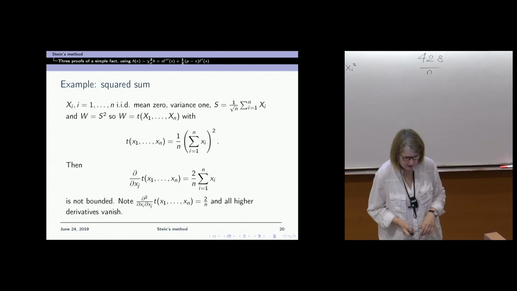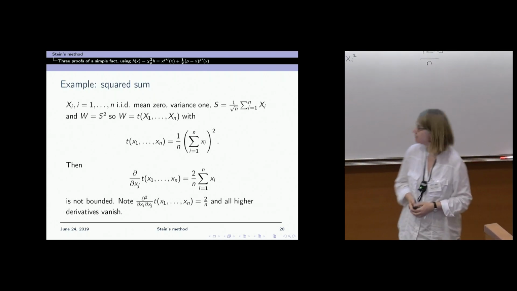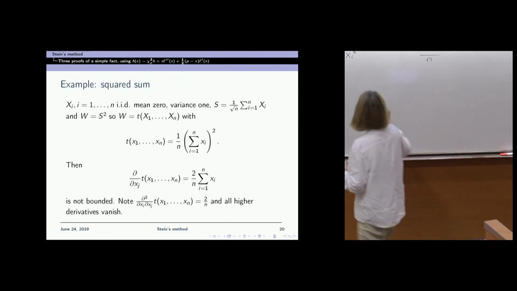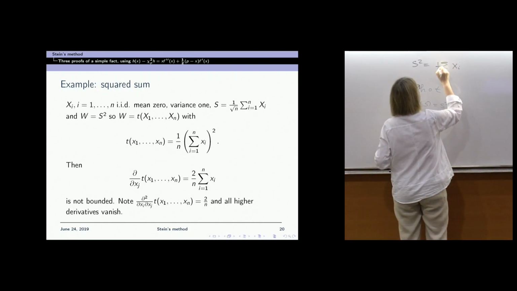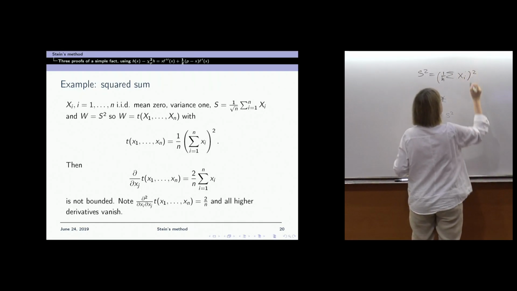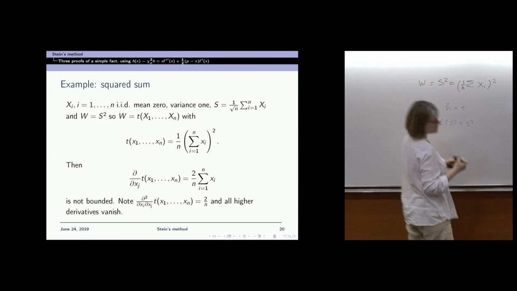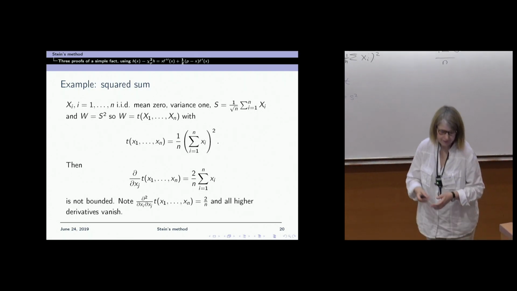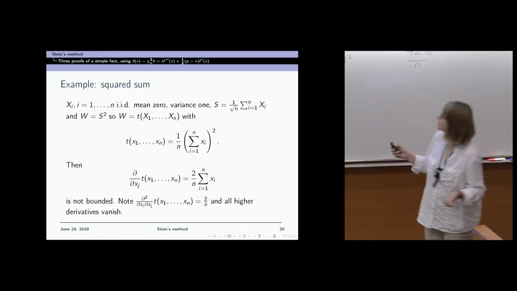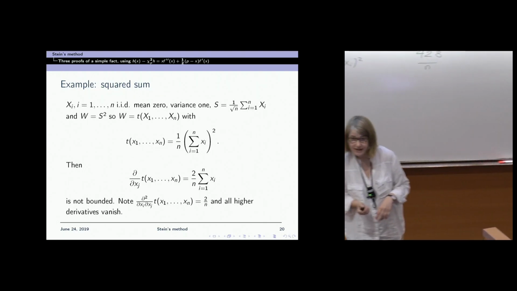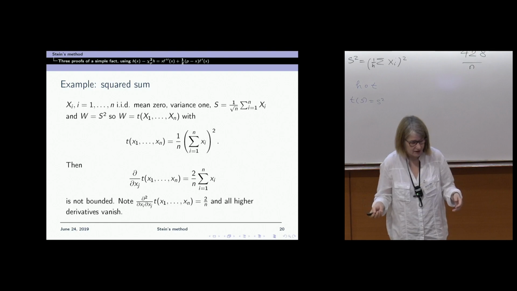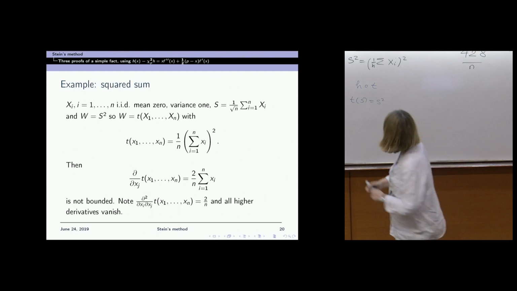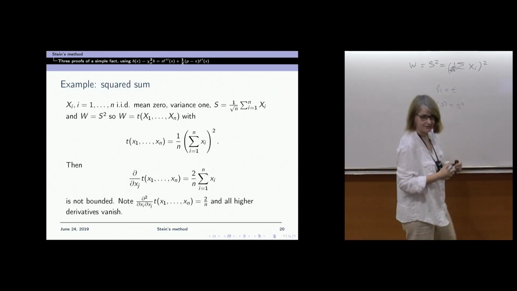So here's again our example with w equal to s squared. I can think of w being a function t of x1 up to xn, which just gives 1 over n times the sum of the xi squared.